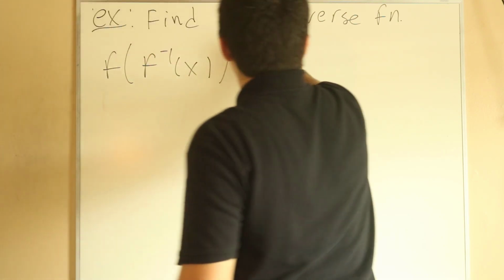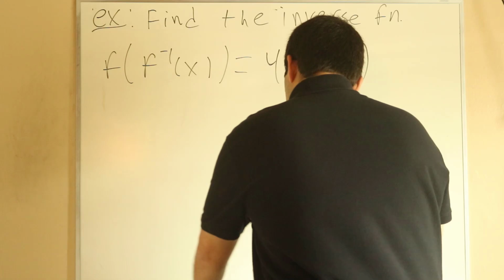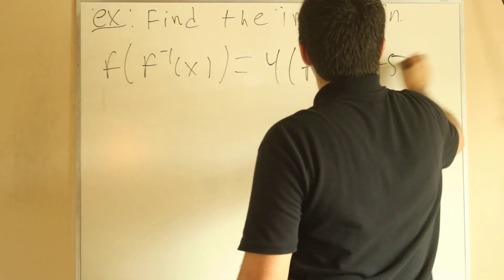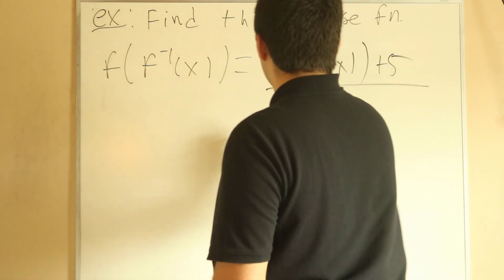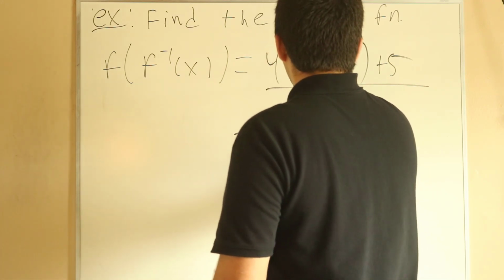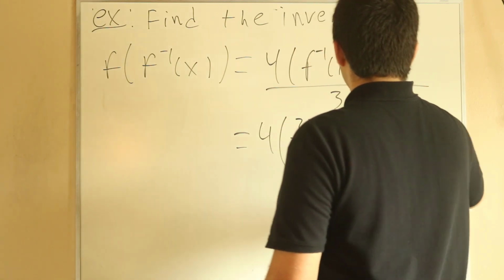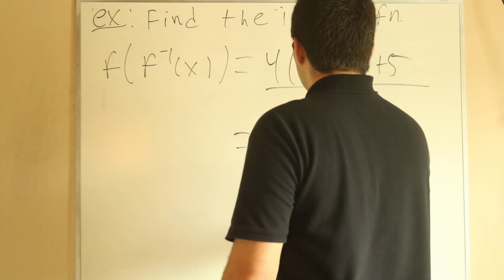So we're going to have 4 times f inverse of x plus 5 divided by 3. So we're going to get 4 times 3x minus 5 divided by 4, plus 5, divided by 3.